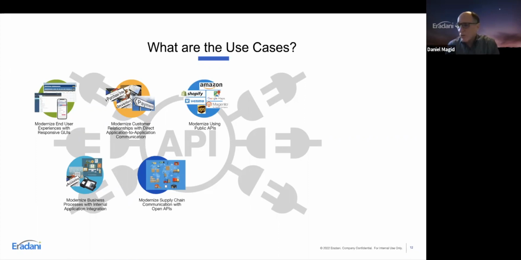The other use case we're seeing a lot of these days are people who want to put up electronic storefronts. They want to create e-commerce stores using some of the popular platforms out there, like Amazon or Shopify. And they need to be able to share real-time inventory information so that when you're on eBay and you order something, you actually know that you have that in stock, that you can ship it.